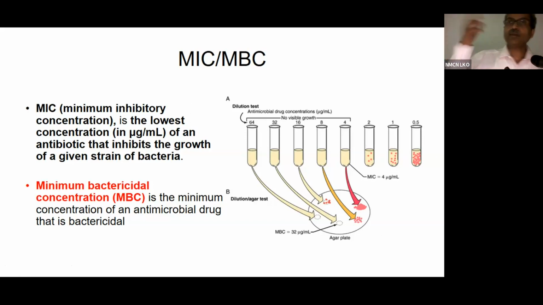And we must always remember, many times we see the MIC values of many of the drugs, and you might see all drugs are resistant. So out of all these resistant drugs, which drug we should choose to give for that infection becomes important to take the clinical decision.